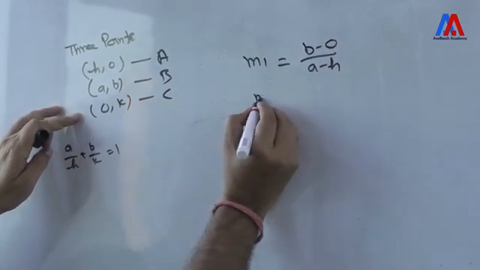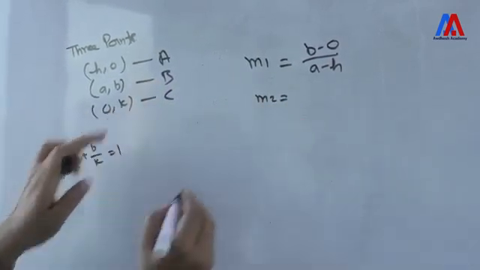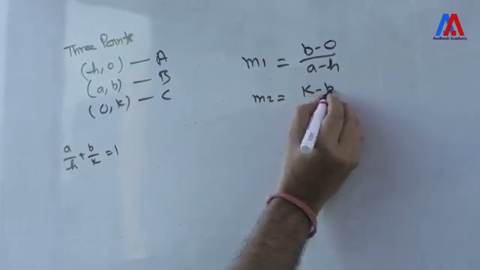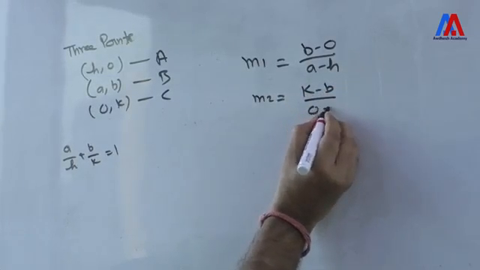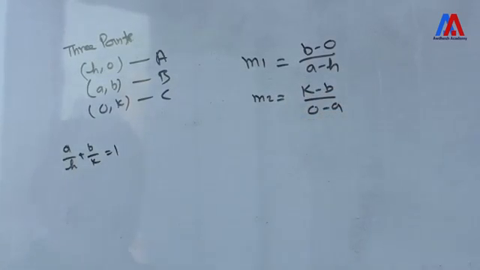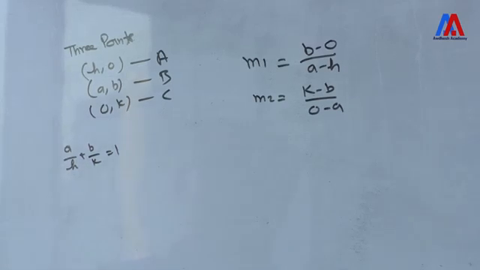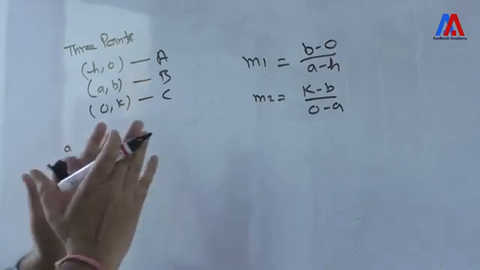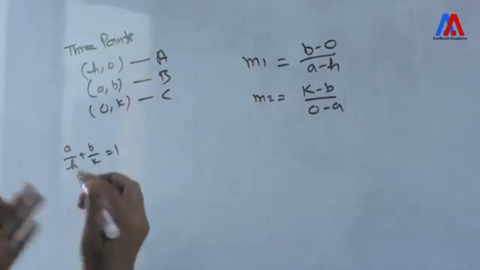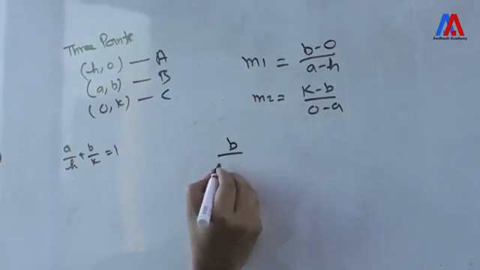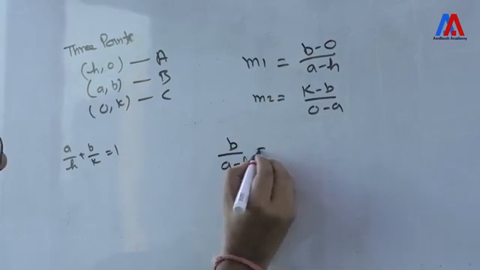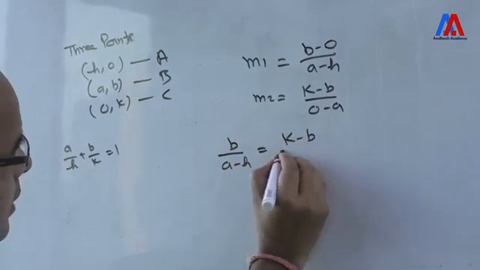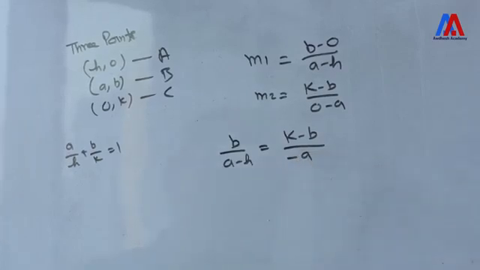For BC, we call the slope M2, and that will be equal to k minus b divided by 0 minus a. And we know that if they are collinear, then M1 will be equal to M2. And therefore, b upon a minus h will be equal to k minus b upon minus a.